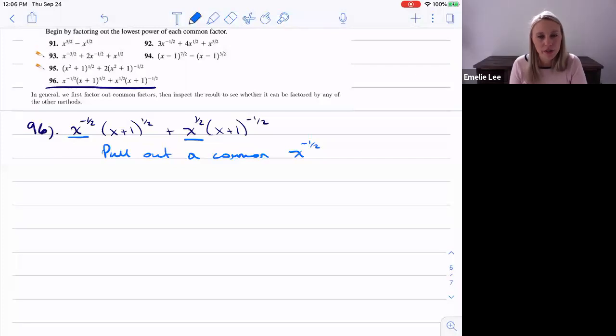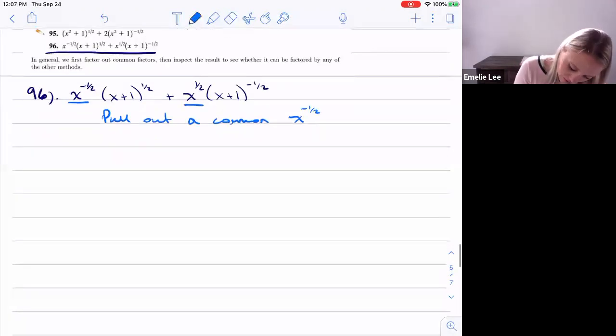A little bit trickier than just pulling out an x from x to the 3, right? But the same idea applies. So the x to the negative 1/2 is just going to get pulled out. What I need to alter and rewrite is the x to the 1/2. X to the 1/2 is essentially x to the 1 minus a half, right? Which is where this 1/2, negative 1/2 comes from.